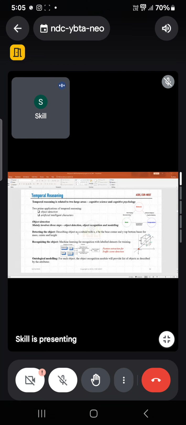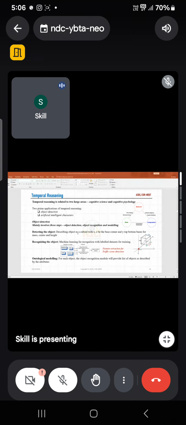So whenever we are seeing objects, suppose we have one object and it has different kinds of characteristics or appearance. What can we draw from that? It is tall, short, large. So how can we represent all those characteristics of that particular object? That kind of thing we can directly apply using temporal reasoning.